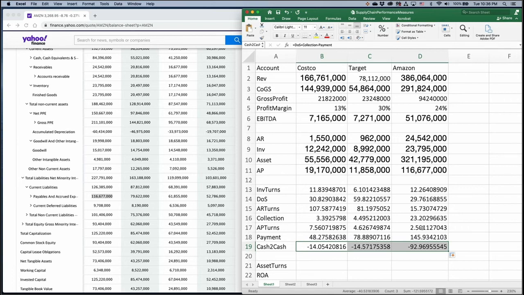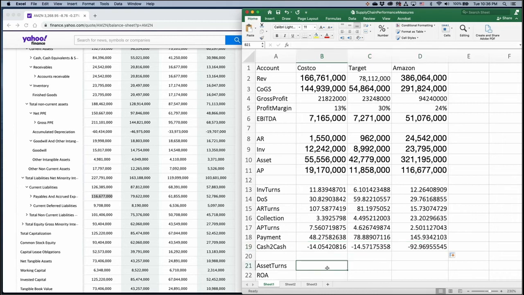However, they delay their payment to their suppliers up to 145 days. This is almost 4 months, right? So it means probably the supplier has a weaker position, so that's why they will receive their payment at a later time.